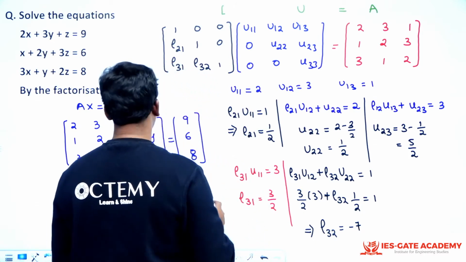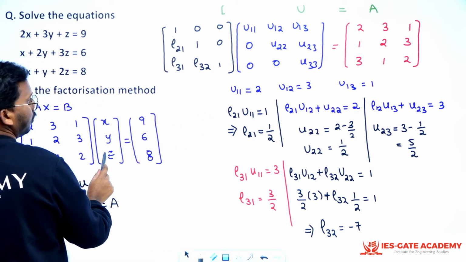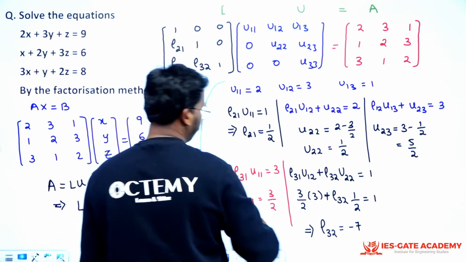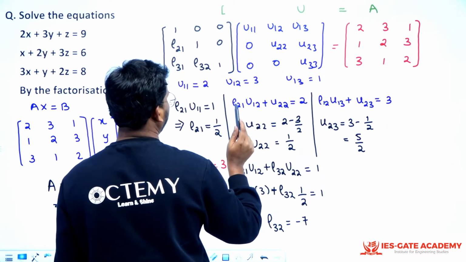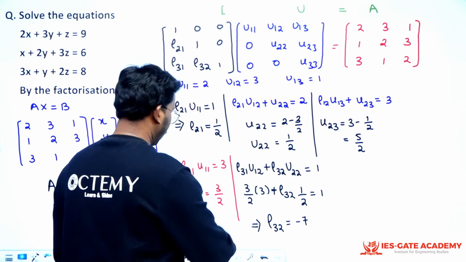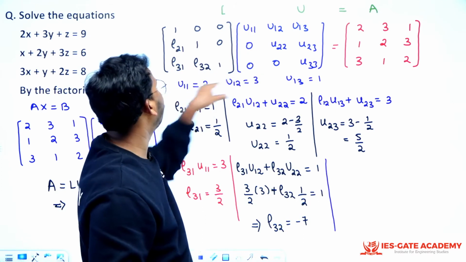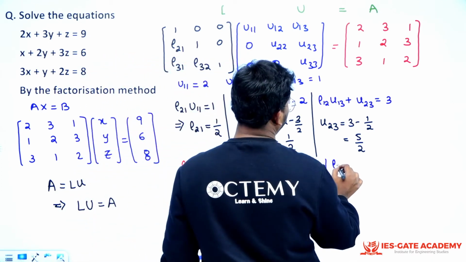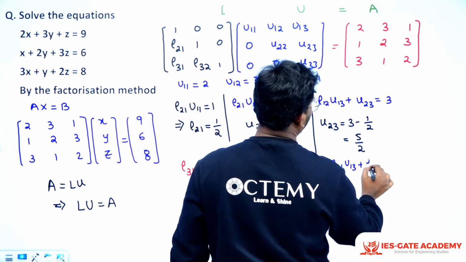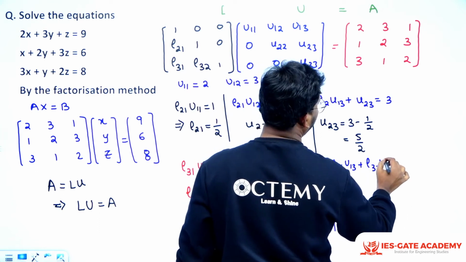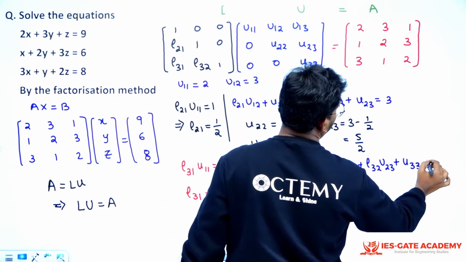Next, the last element. L31 into U13 plus L32 U23 plus 1 into U33 is equal to 2.